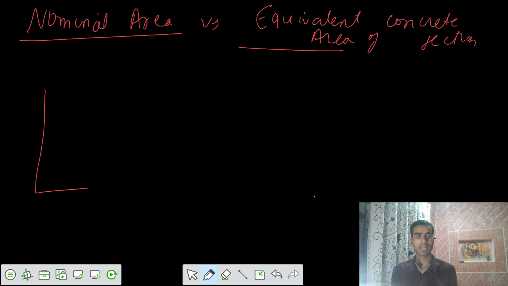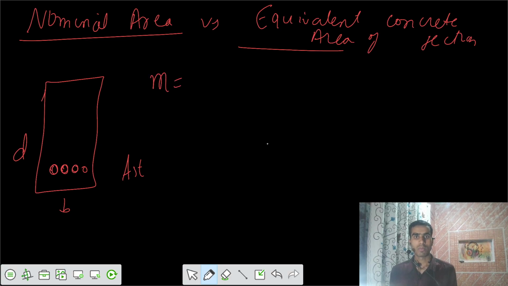What that means is, if you have a concrete section of dimensions B cross D, then we are placing some steel bars here, the prestress bars, of area AST, and we have some modular ratio. Modular ratio is the modulus of elasticity of steel divided by modulus of elasticity of concrete. That will have some value, say 6, 7, 8, 9, 10.